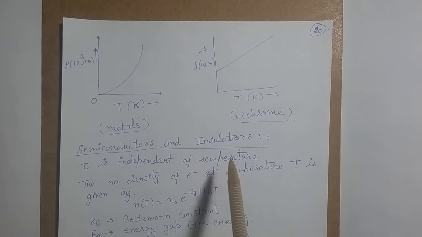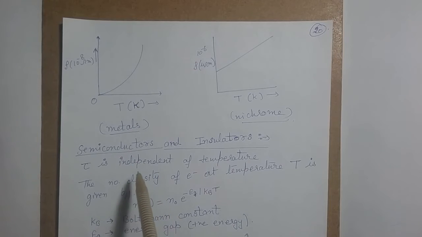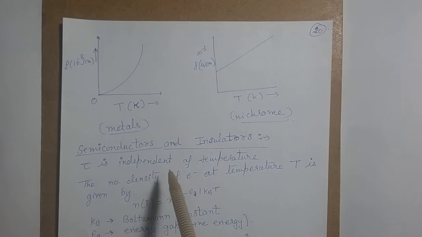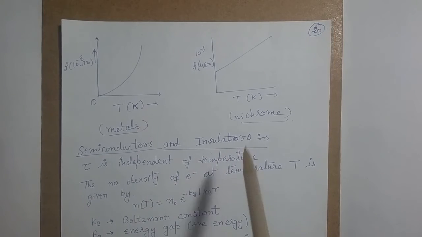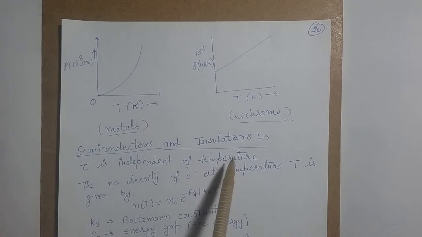Now what will be the effect on the resistivity for semiconductor and insulator? How does the resistivity of these substances vary with rise in temperature? So tau is independent of temperature in these cases.